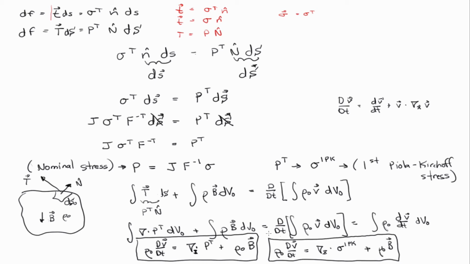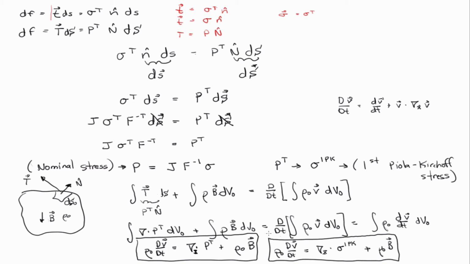So in the end, if you ignore the first PK, you get an equation that looks identical to the first one, the Cauchy momentum equation, except that b would be little b. Other than that, it's the same, which is nice. If you can remember this, then whether you're in the reference or the current configuration, you just have to remember what the material time derivative looks like and what the gradient is with respect to.